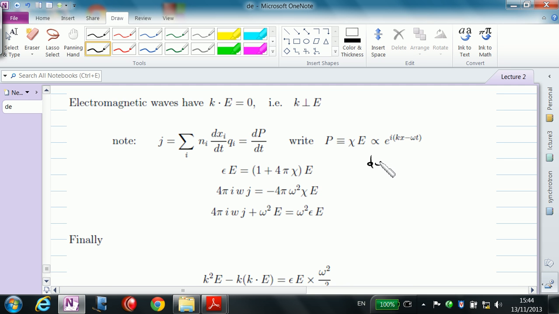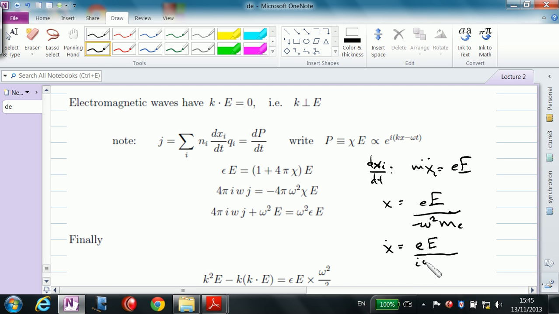To get dx_i/dt, you just say that m times x_i double dot is equal to eE, and you get that x is equal to eE over minus omega squared m_e, and x dot is equal to eE over i omega m_e.